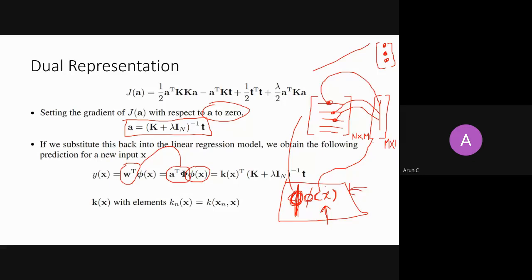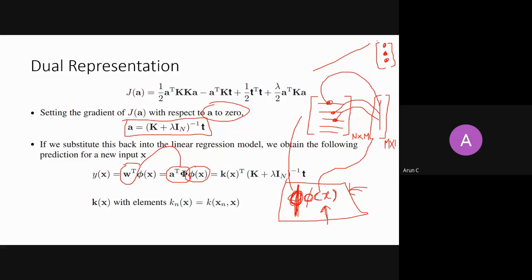Fine. So it means if you are taking this matrix phi, the design matrix, times this basis x where you want to predict, it will give you a vector where each component tells you how similar the sample where you want to predict is to each point in your data set, right?